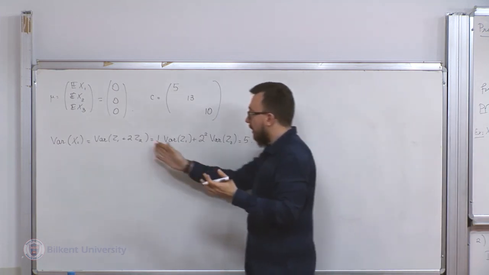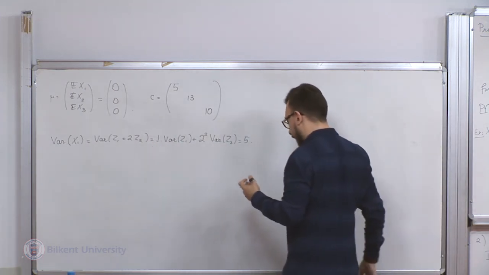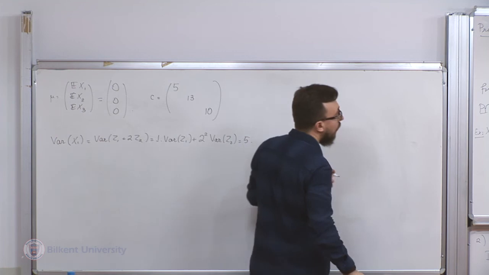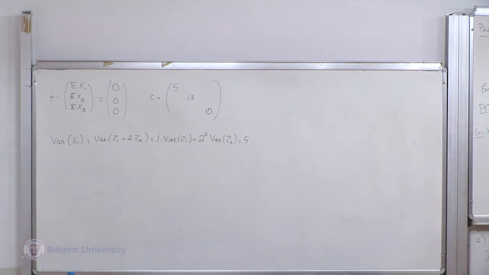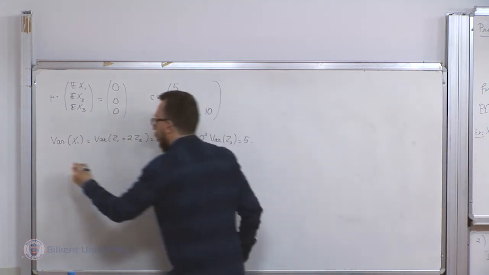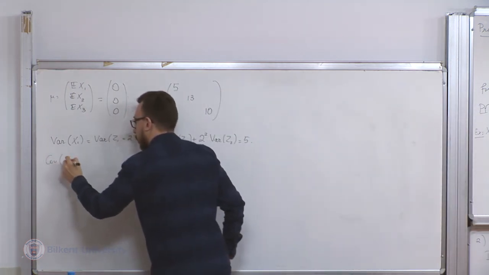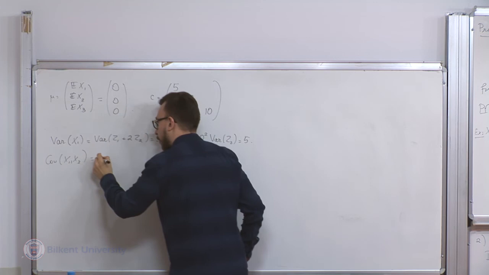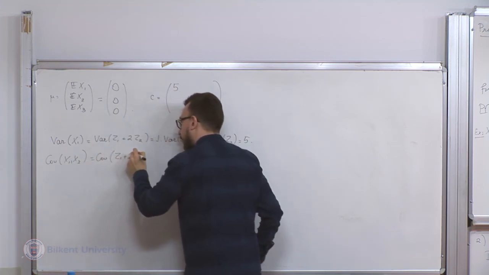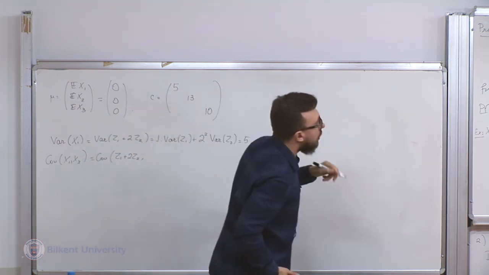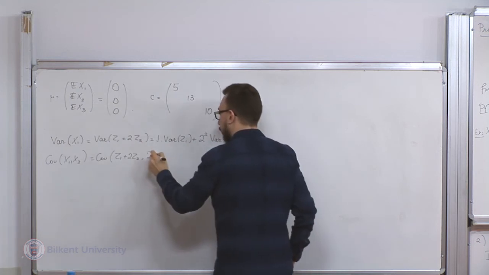Since they are independent, there is no covariance term, right? How about the covariance between Z1 and Z2? Let's say covariance of Z1 plus 2Z2 and 2Z1 plus 3Z2.